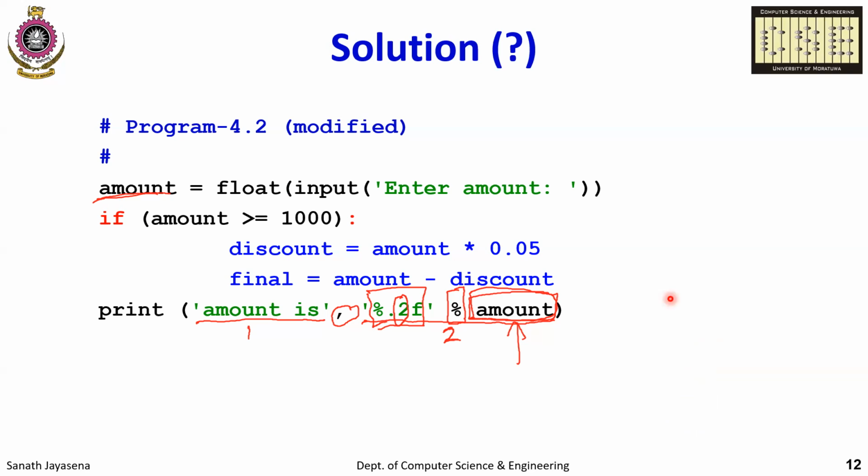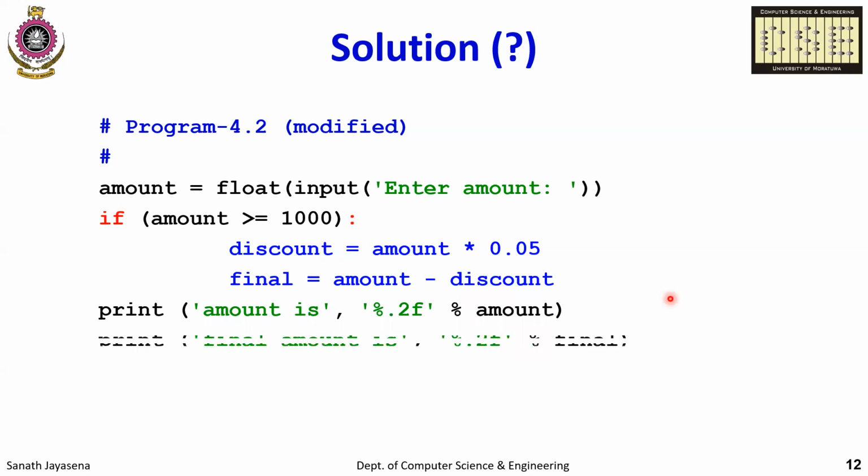So that's basically how it works. Having explained that, I think it's easy to understand. What you are trying to do is display the value of the amount as a floating point value with 2 fractional points, or 2 decimal points.